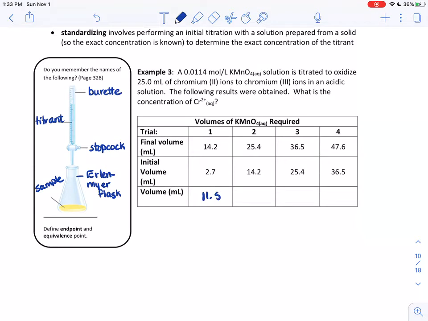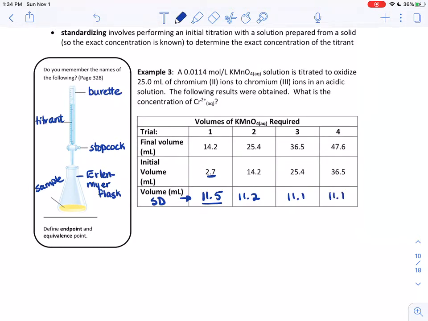Because you are subtracting, remember your significant digits are going to be based on decimal places. And it's this column after subtracting that you're going to use for significant digits. So this number here, I've got 2 significant digits, but I'm not going to use it because that's just the placeholder of the tool. I want to use the value that I obtained after subtraction. So this is 11.5, 11.2, 11.1, and 11.1.